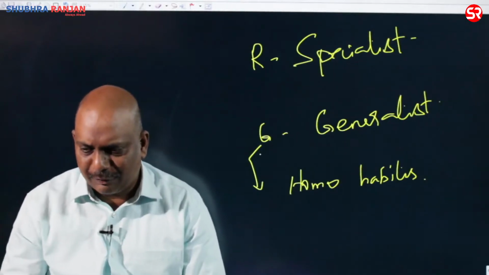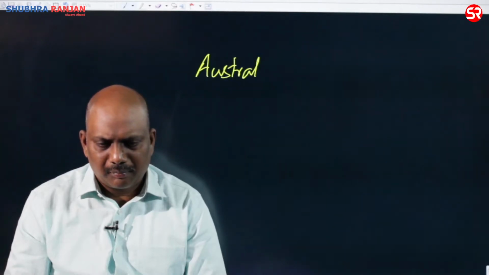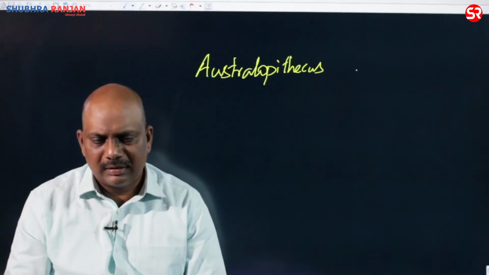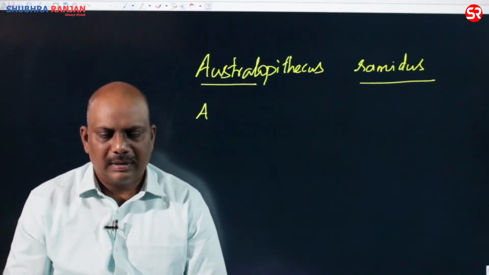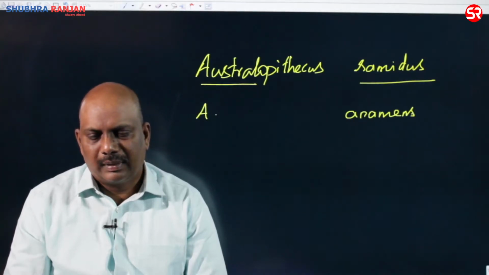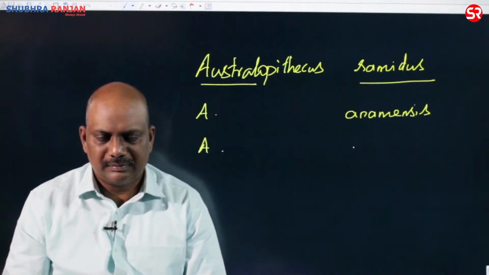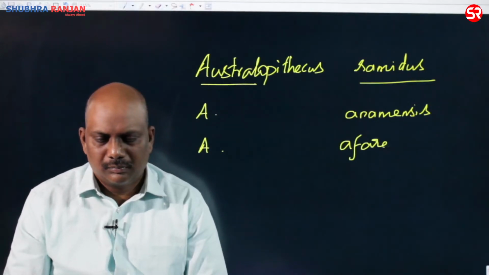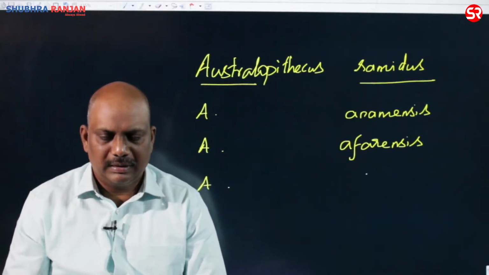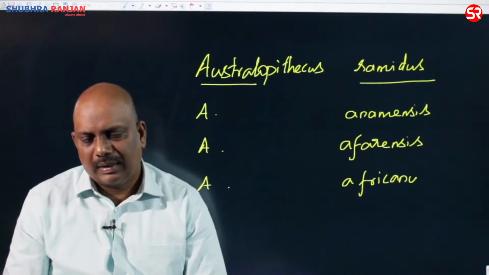So now I will discuss a few species of Gracile and Robust which you are supposed to know. 4 important species in Gracile: Australopithecus ramidus, Australopithecus anamensis, then Australopithecus afarensis, followed by Australopithecus africanus.